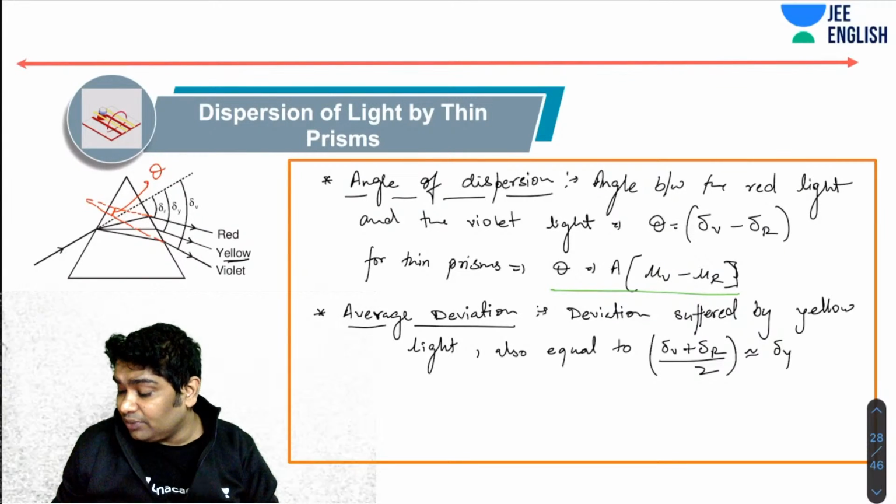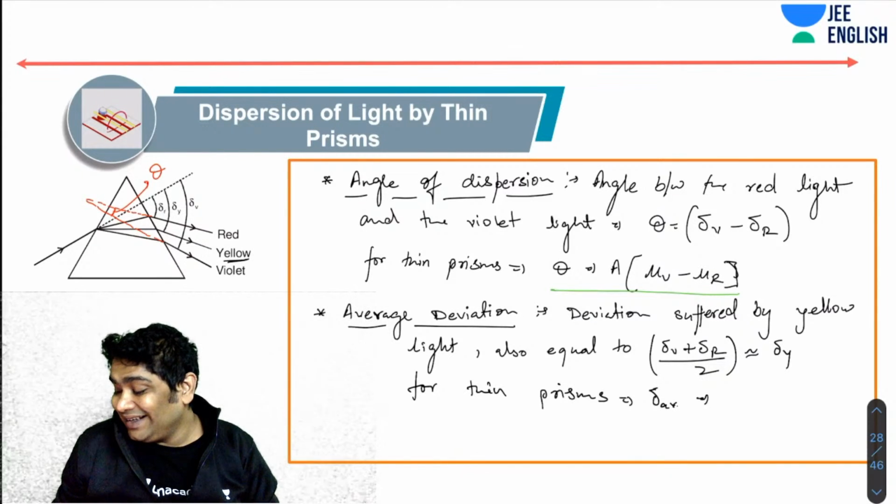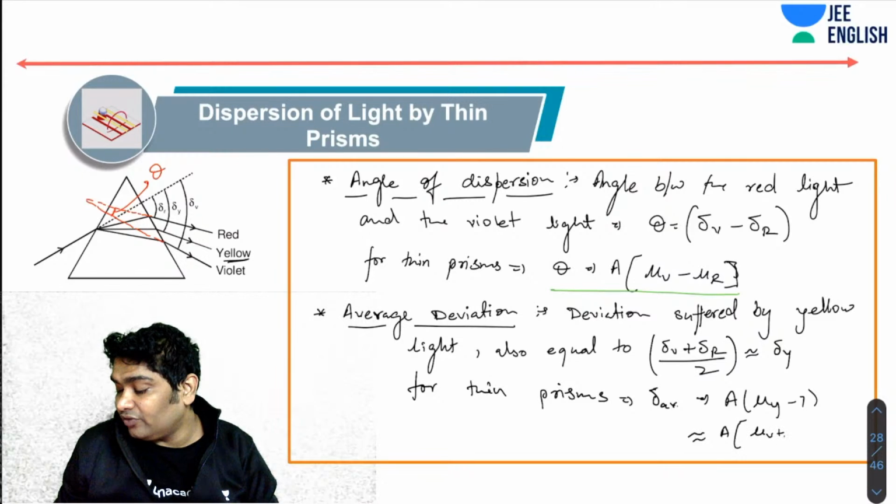So for thin prisms, delta average becomes equal to A times (mu of y minus 1), or also equal to A times (mu of violet plus mu of red) by 2.